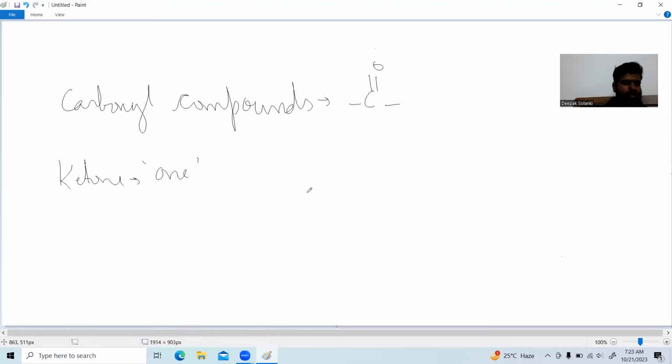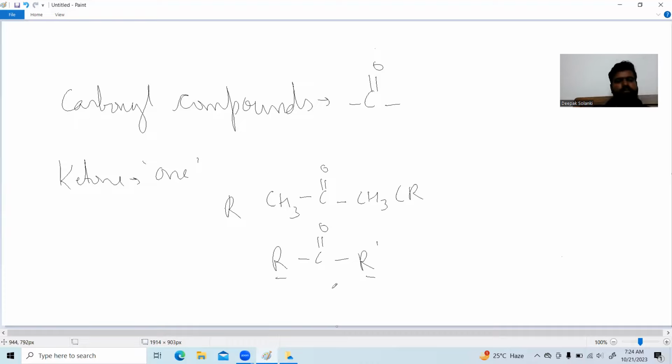Example of ketone, we can say CH3 C double bond O CH3. Both are R, so we can write like this also, R C double bond O R dash. In aldehyde, one group is R and the second one is H. In ketone, both groups will be R.